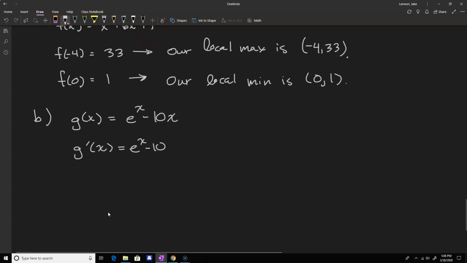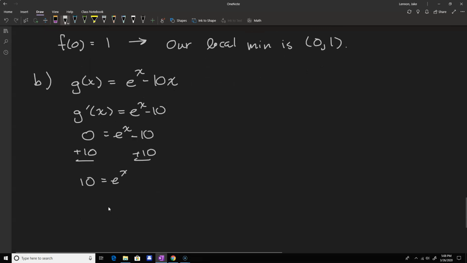So we want to set this equal to 0 and solve. So 0 equals e to the x minus 10. Add 10 to both sides. So we have 10 equals e to the x, and then we can take the natural log of both sides. So the natural log of 10 is the natural log of e to the x.